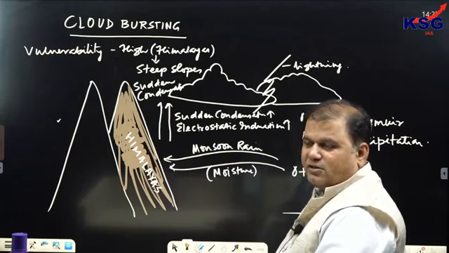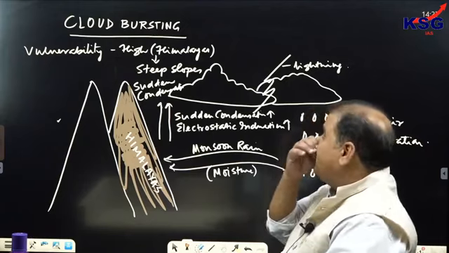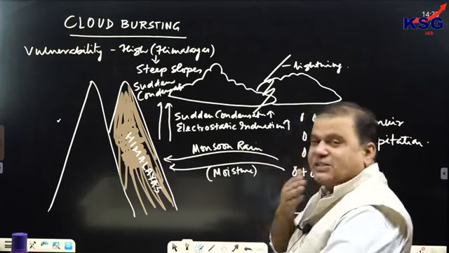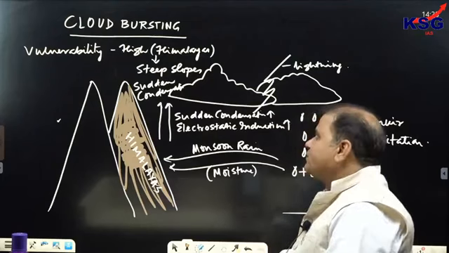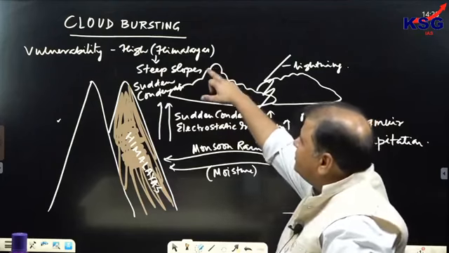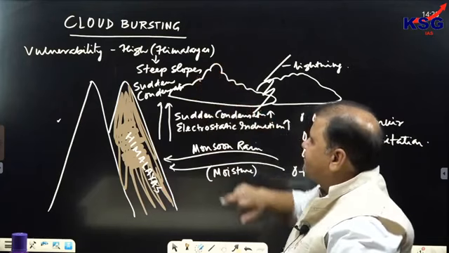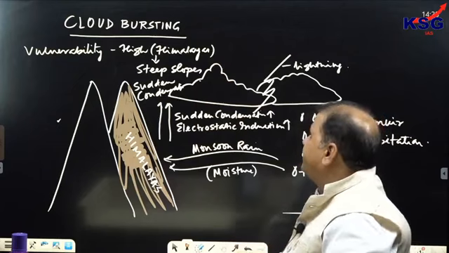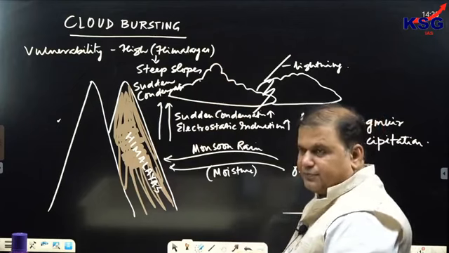So when you have written that flash floods occur due to cloud bursting and dam bursting, let's explain what is cloud bursting. The vulnerability of Himalayas is very high for cloud bursting due to steep slopes.